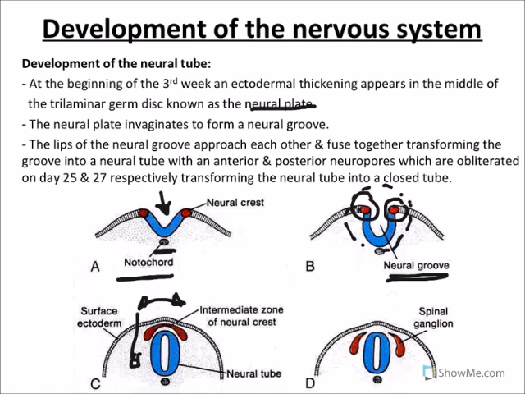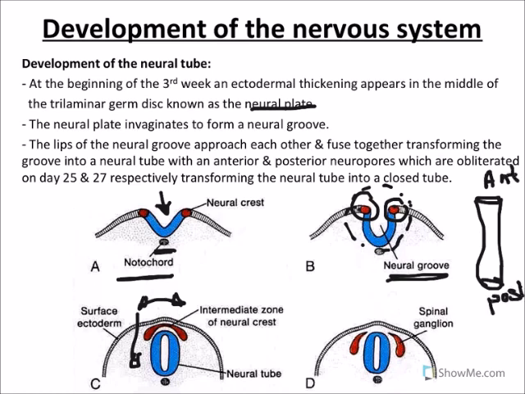The neural tube now has anterior and posterior openings called neuropores. So the neural tube will be like this, with anterior and posterior openings.